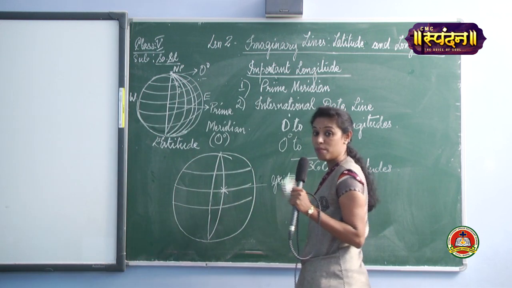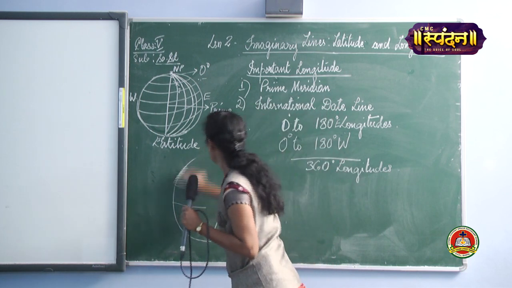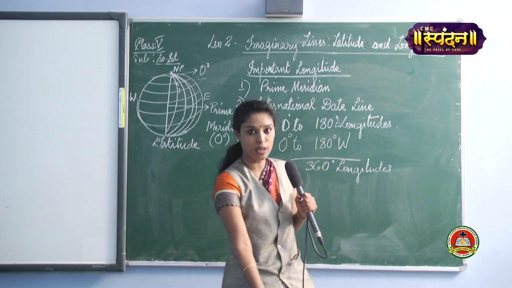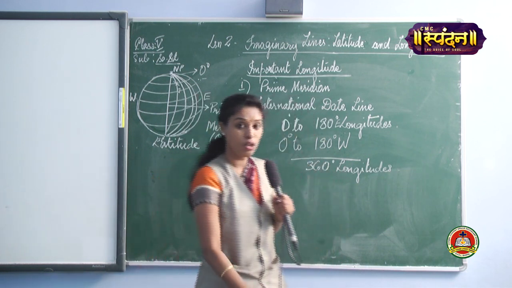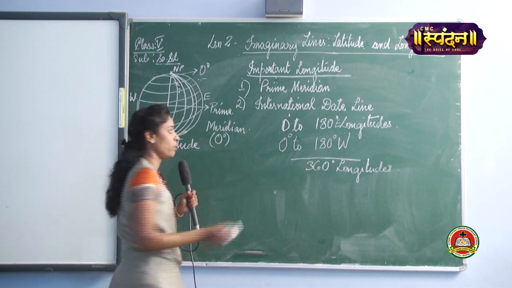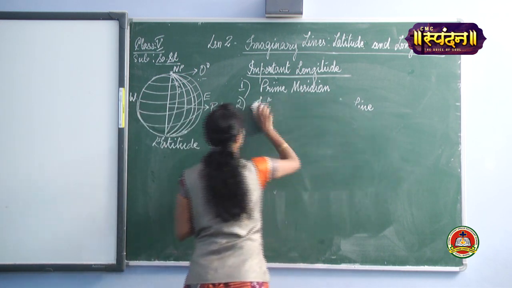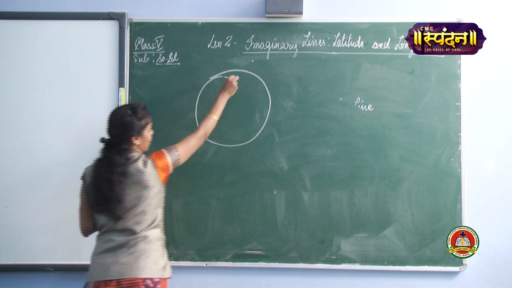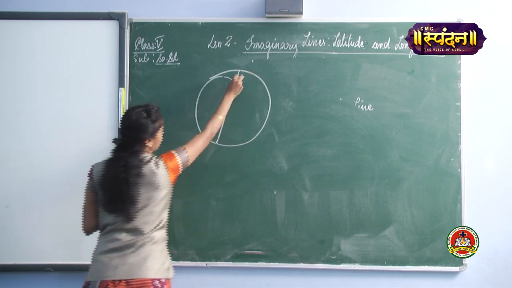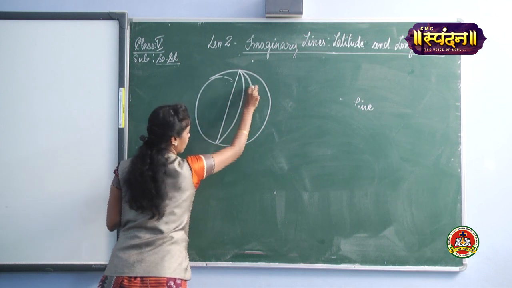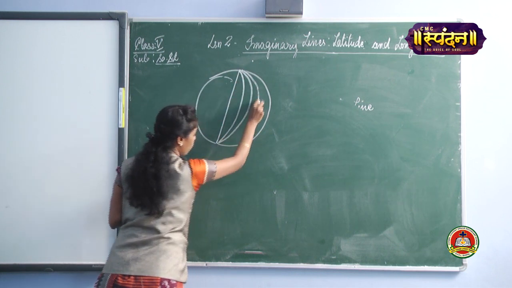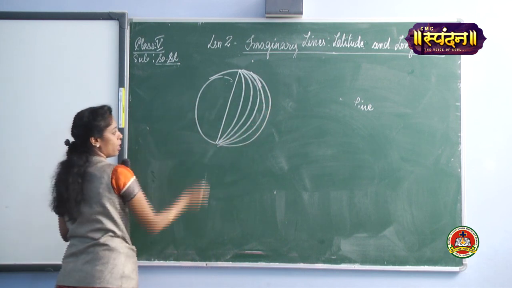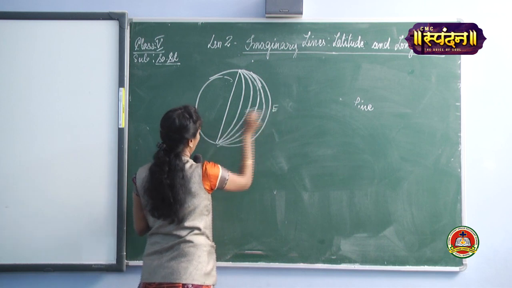Now coming back to your longitudes. You just now learnt that in both directions we have got 180 longitudes. We had learnt about how many longitudes there are on your east side as well as on your west side.